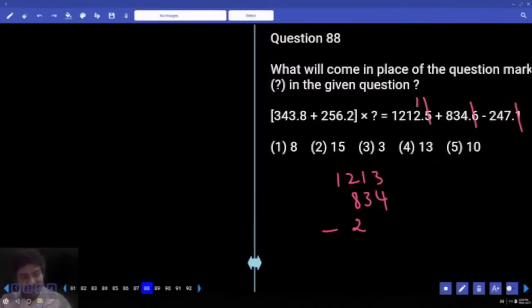From this we have to subtract 247. Last two digits 13, 34. 47 minus 47. Cancel. 1200, 800, 2000. 2000 minus 200. Right hand side number is 1800. Perfect.